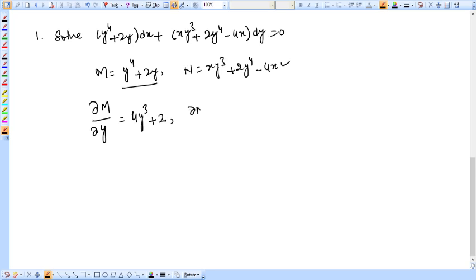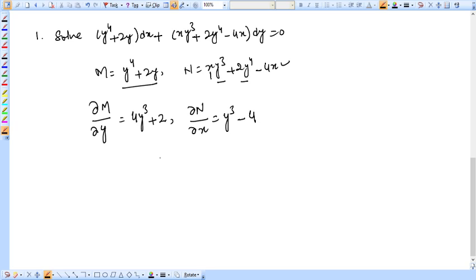And also ∂N/∂x is equal to, here y would be treated as constant because we are differentiating with respect to x, so the differentiation of x would be y^3, plus the differentiation of this would be 0, and the differentiation of 4x would be −4, right?